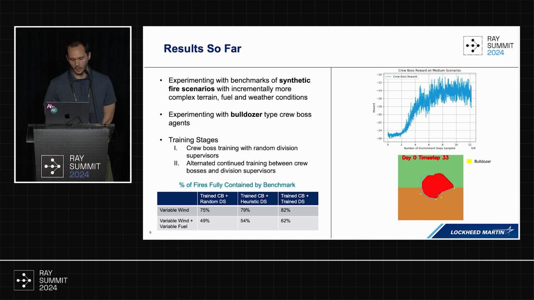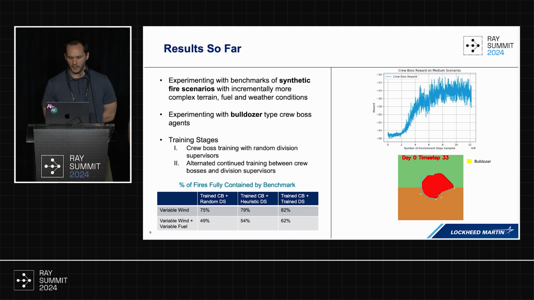In the first one, we fix all of the environmental conditions other than the wind, and we allow the wind to vary. In the second one, we fix everything except the wind, and we allow the fuel, so the vegetation data, to vary in simple patterns. So far, we've achieved 82% containment on the first benchmark and 62% on the second one, and we're continuing to improve these numbers.